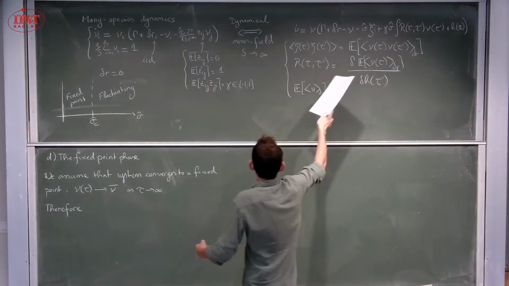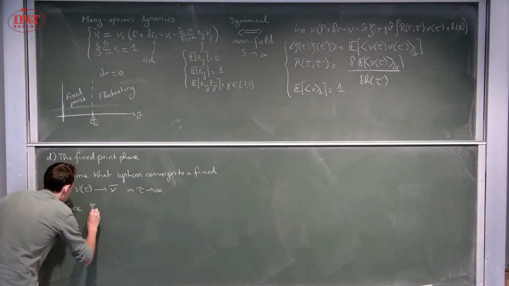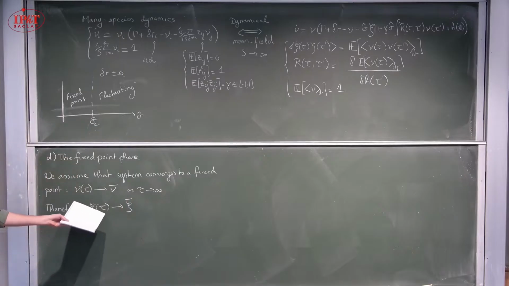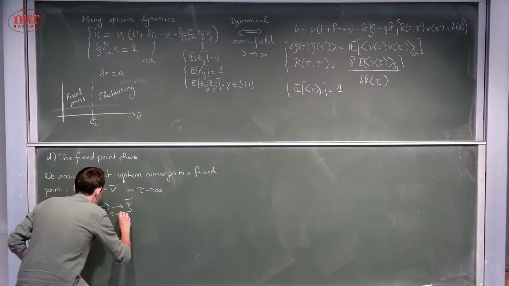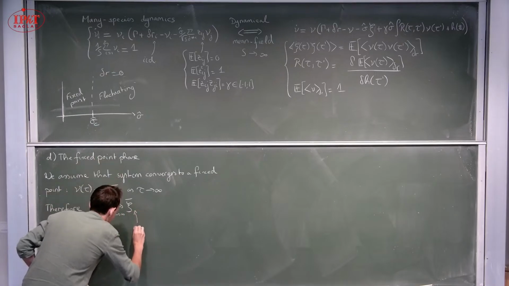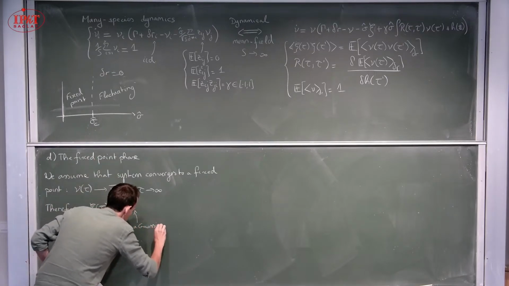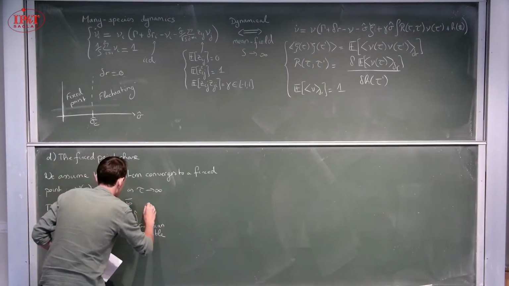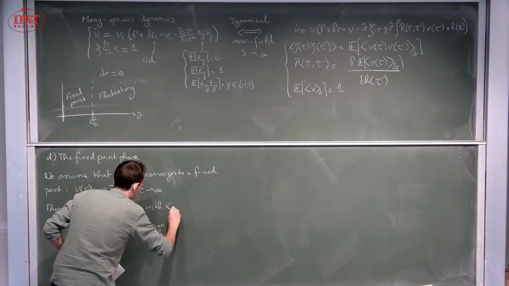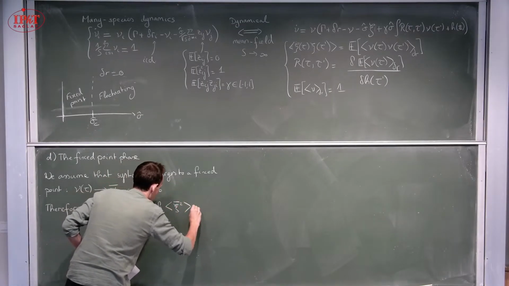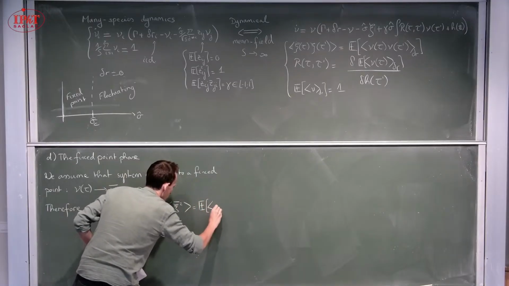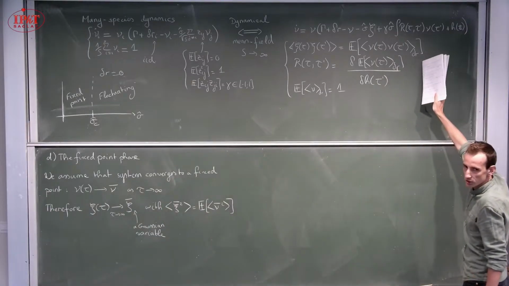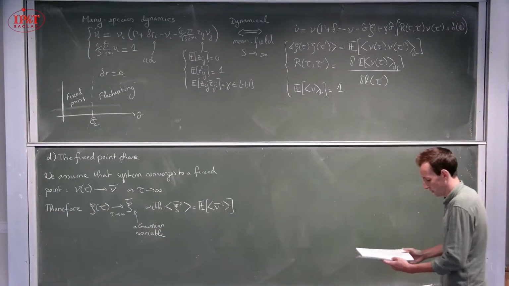So psi, the noise which is here, also converges to a constant in time. So that's a Gaussian variable, not a Gaussian noise. And the variance of this variable obeys the same self-consistency condition here, which you can write like this in the fixed point.